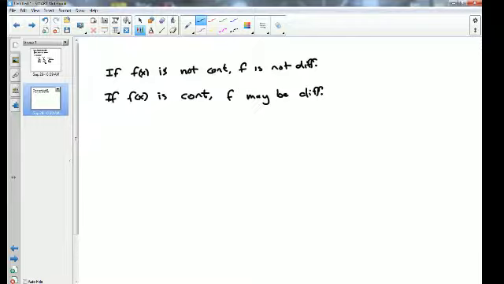Here's something neat in math, it's called the contrapositive. I'm not going to require you to remember this, but it can come in handy. The contrapositive of this is we flip the two if-then statements and negate them. So we would say if f is differentiable, right?